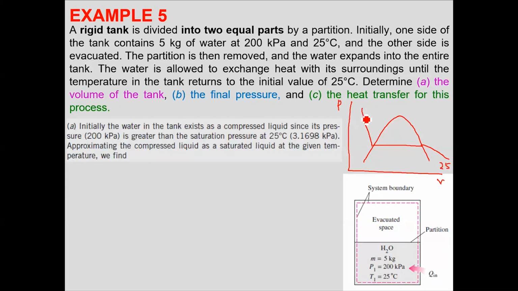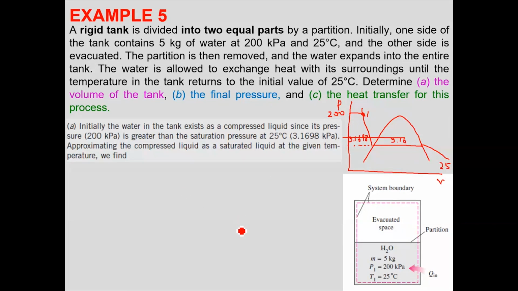So your system is over here, point 1, which corresponds to 200 kilopascal. For 25 degrees centigrade, the saturation pressure is 3.1698 kilopascal.